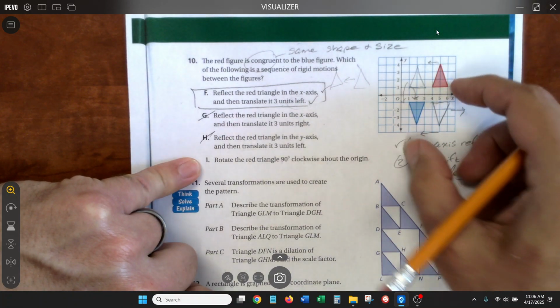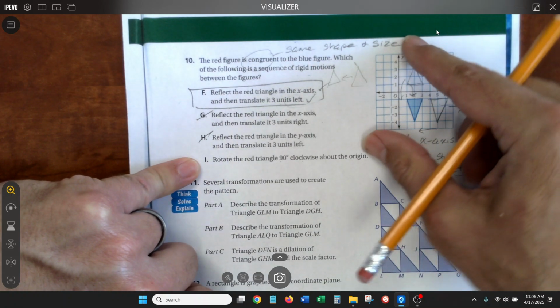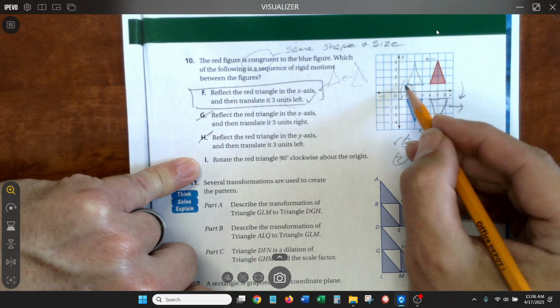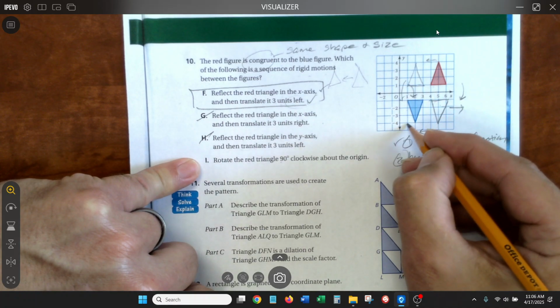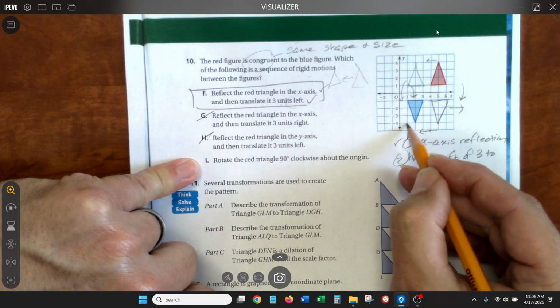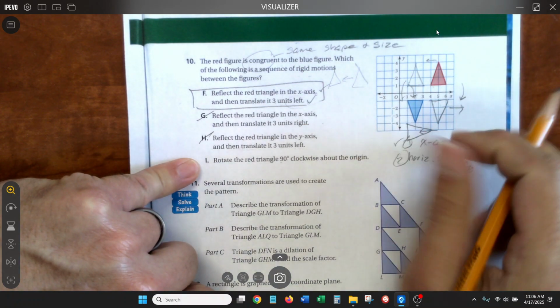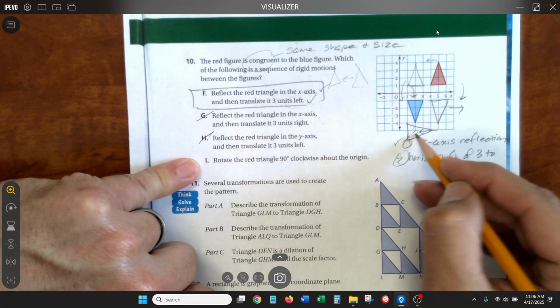Imagine taking an overlay copy of this and rotating it 90 degrees. Our 1, 2, 3, 4 will be down at 1, 2, 3, 4. We would be down here with a triangle looking like this, and so that red one rotated 90 degrees clockwise would result in this one. So that's not the blue one either.